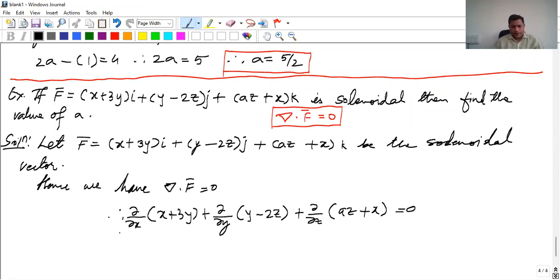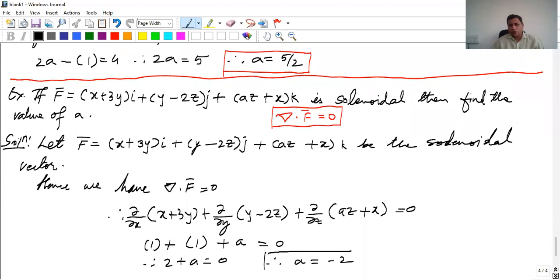Okay, so let us find the derivative of this with respect to x. What will be the derivative of this with respect to x? It is 1. And this is going to be 1. And what this is going to be? A. So we got here 2 plus A is equal to 0, and hence A is equal to minus 2.